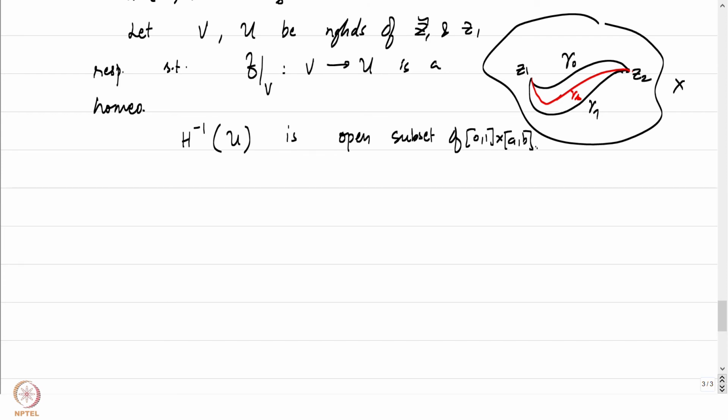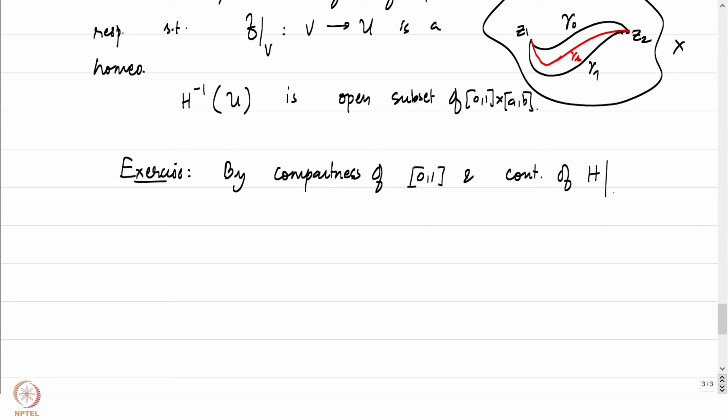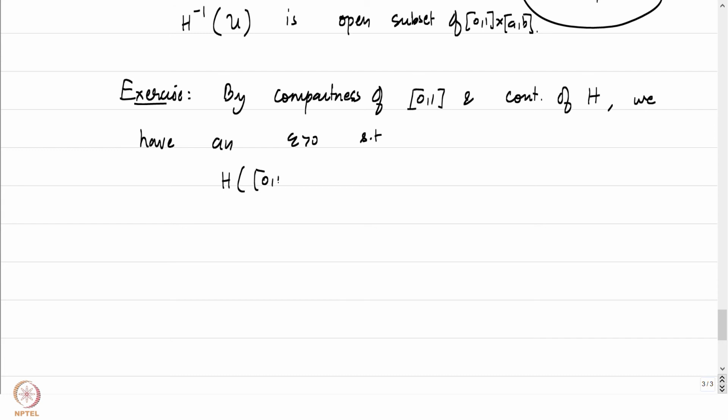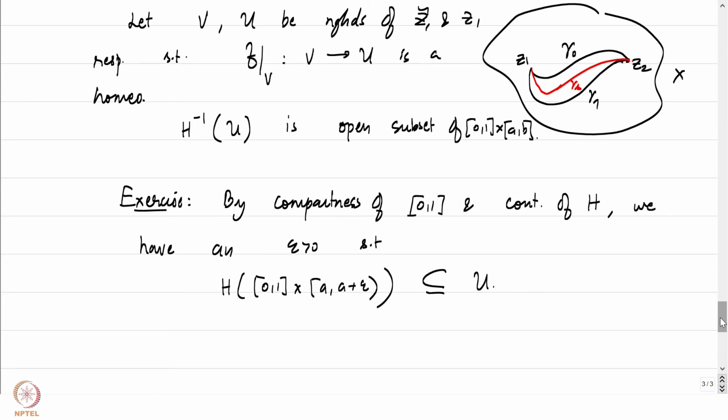H of s comma a plus epsilon, which depends on s, is going to be contained in U, and by a compactness argument, I'll just give it as an exercise here for you to sit down and check that by compactness of [0, 1] and continuity of H, we have an epsilon positive such that H of [0, 1] cross [a, a plus epsilon) is an open set contained in capital U. Some neighborhood, we don't need to use compactness, we just need continuity of H actually.